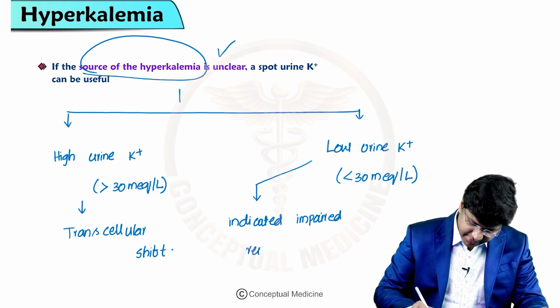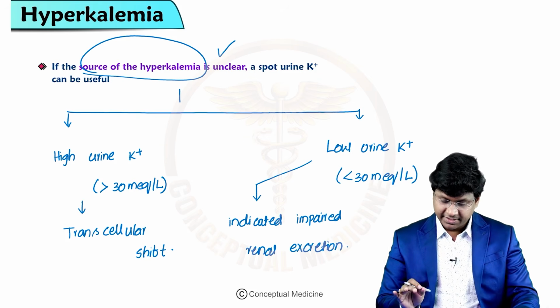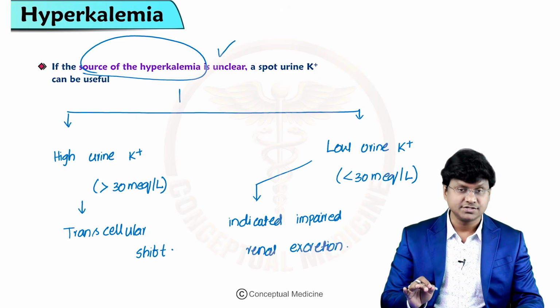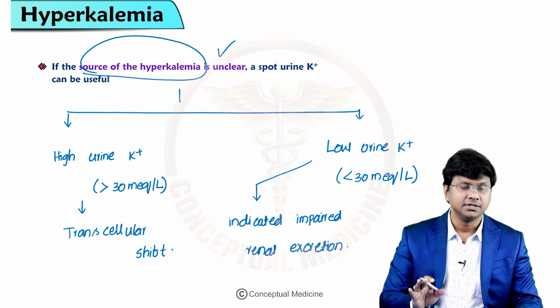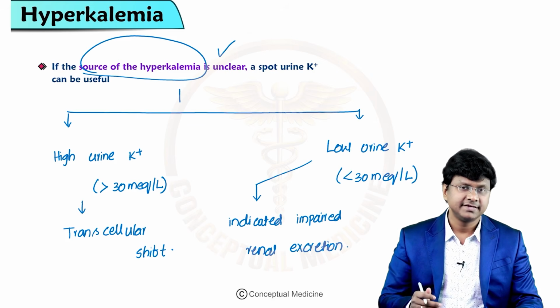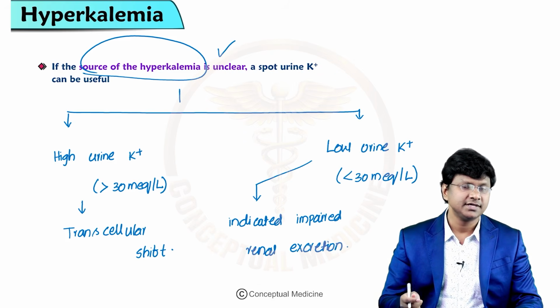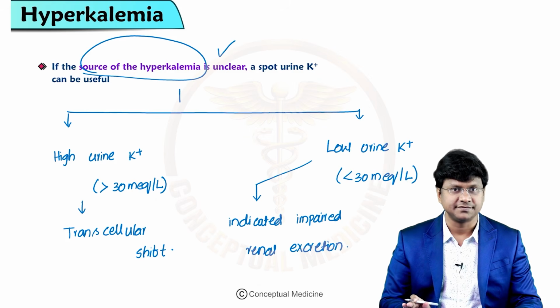That is what you mean by low urine potassium. Because when the kidney has failed, there will be low urine potassium, that will be less than 30, and if it is more than 30, that will suggest the transcellular shift.